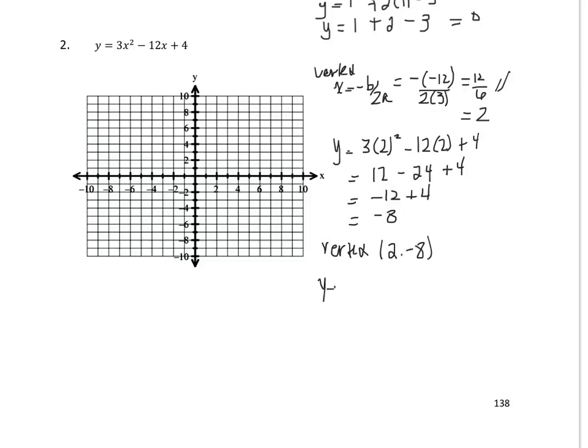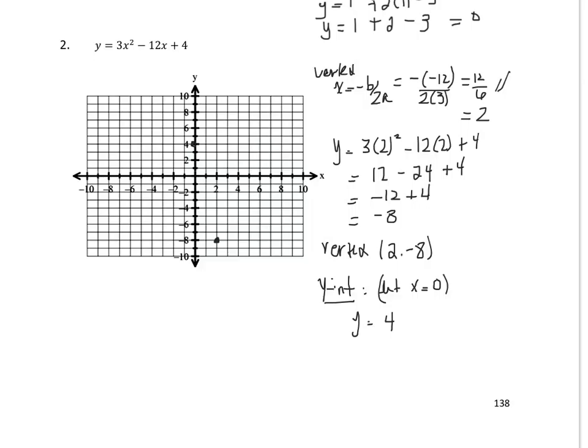And our y-intercept is another key point. So if we let x be 0, and this again is in standard form, the first two terms are going to disappear, and you're just going to be left with the constant, y equals 4. So we plot those points, (2, -8) and (0, 4).